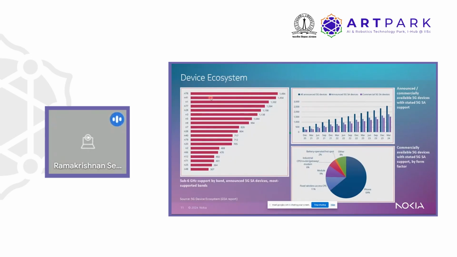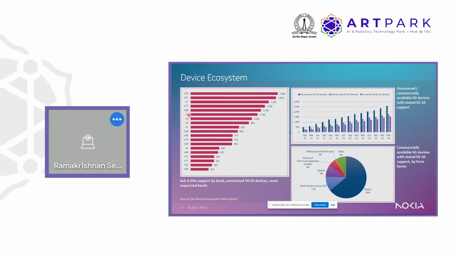So we see that N78, which is the 3.5 gigahertz band of India, and N41, which is the 2600 megahertz band of India, are among the most popular bands for the 5G network. And apart from this, N1 is the 2100 megahertz, the traditional 3G band. N28 is the 700 megahertz band, which is India specific.